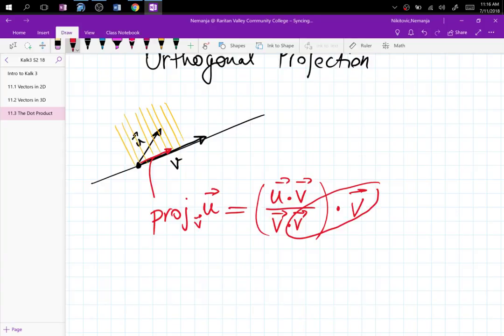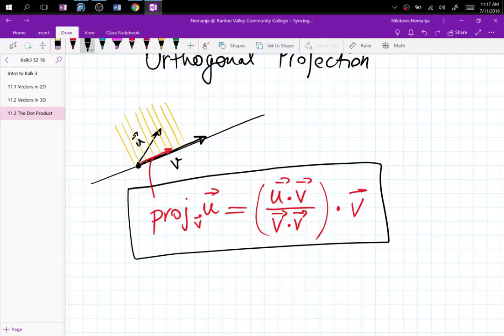And you see that the red vector has the direction of vector v. This, what I circled, is producing just the direction. The rest is the scaling factor that will shorten the vector u to be the right size as the light hits and creates this red shadow. So this is the formula. And we can use it.